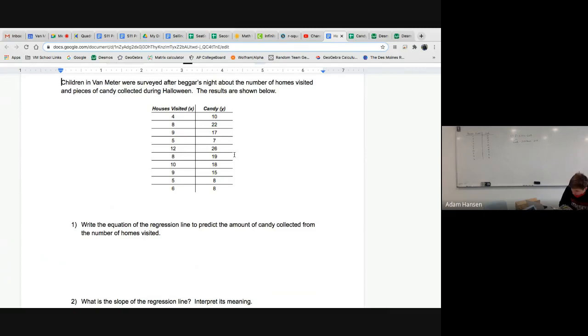I might be more confident in predictions about 6 or 7 homes because that's within the range of the data that I was given. That's called interpolation. So you don't feel confident? Not as confident as if I was thinking about 9 or 10 homes and how many pieces of candy I would get, because I have data that would describe that amount better than 20, which is beyond the range of the data that I have. Trends can change.